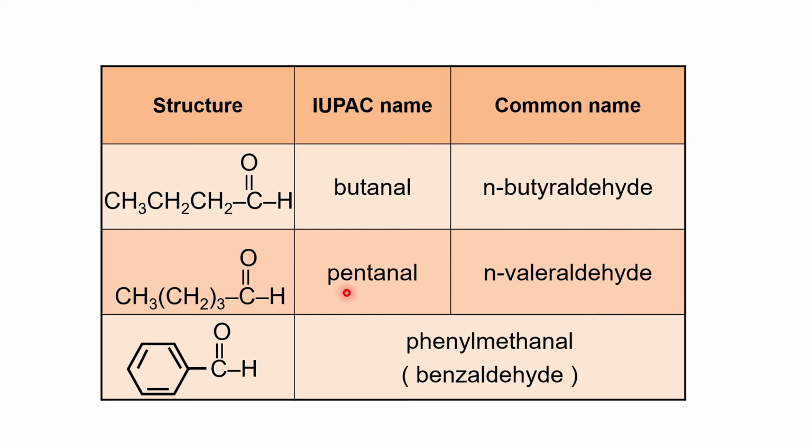Same goes here, butanal, and this one pentanal. For benzene ring attached to aldehyde C double bond OH, the C double bond O will become the parent name. The parent name with one carbon is methanal, and we have one substituent, a benzene ring, attached to this carbon. So 1-phenylmethanal, or without the 1 is also fine. And the common name is benzaldehyde.